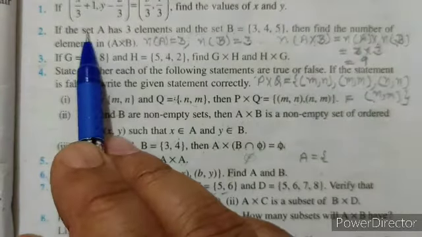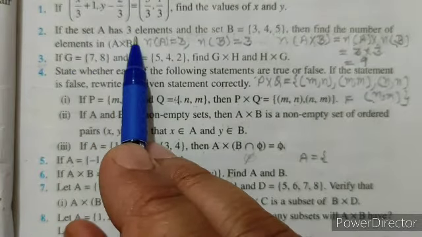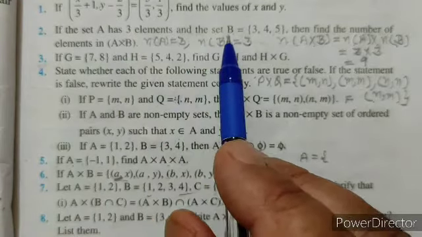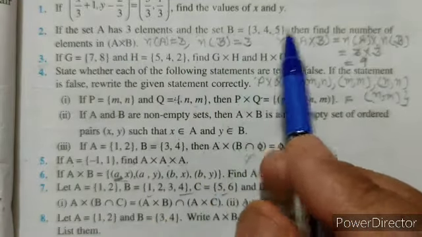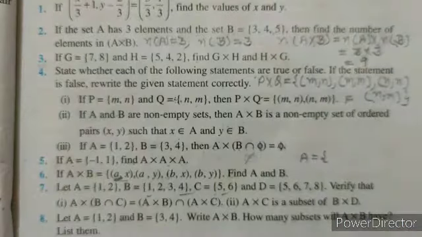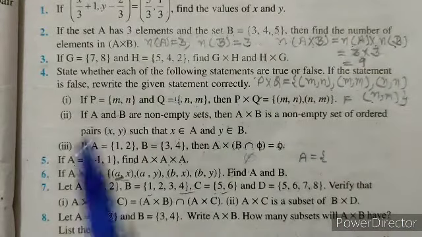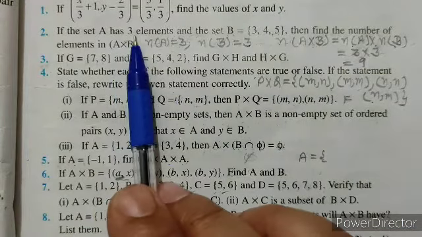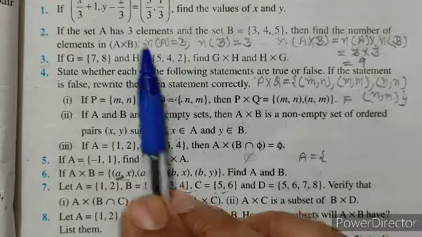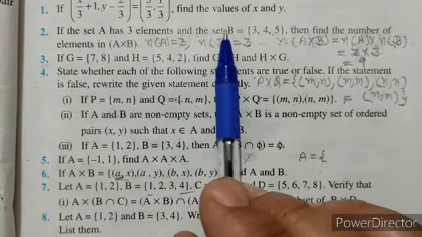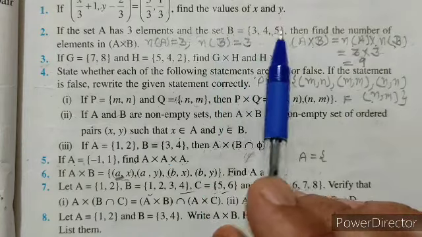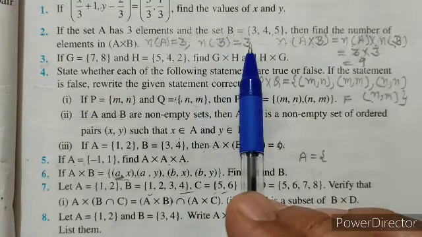Now in question number 2, the set A has 3 elements and set B has the elements 3, 4 and 5. Then find the number of elements in A cross B. Now first of all, set A has 3 elements. That means n(A) is equal to 3. Here B has also 3 elements, that is n(B) is equal to 3.